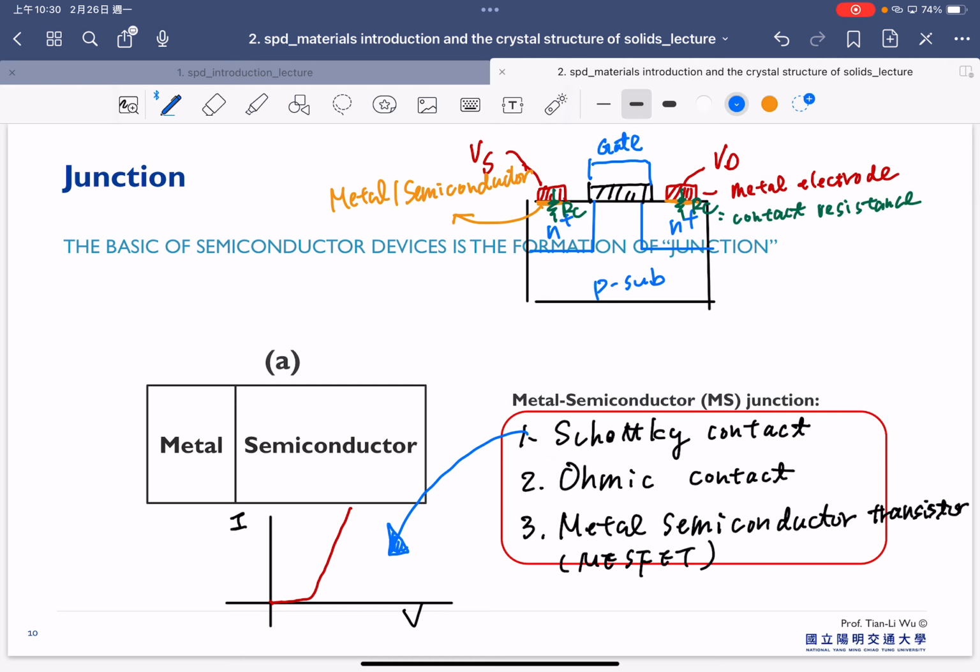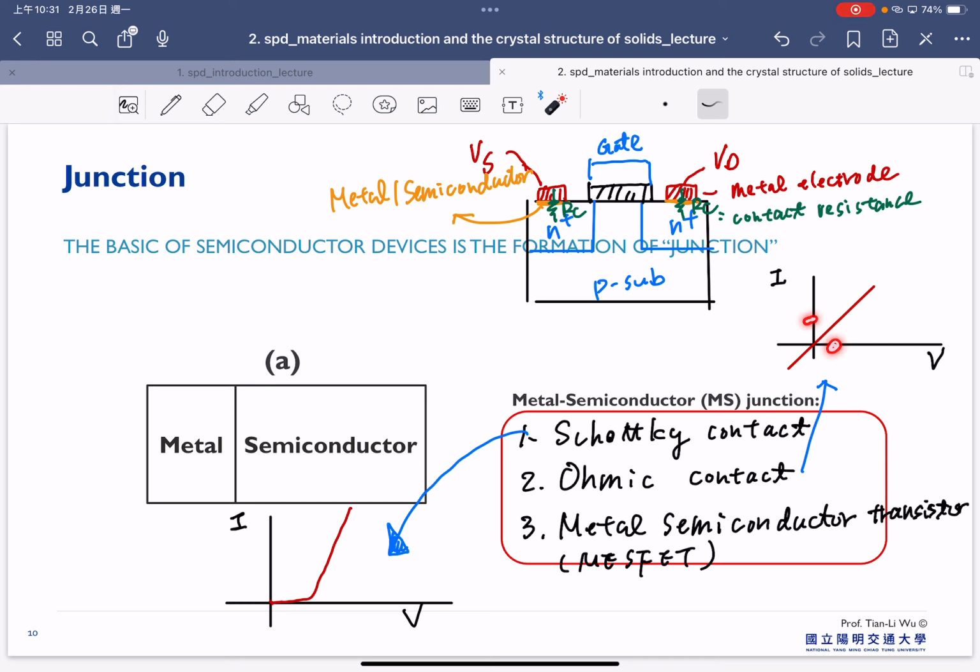If you look at the IV characteristic, current versus voltage, the ohmic contact has a curve that always goes through zero. That means wherever you apply the voltage here, it always has a current generation.